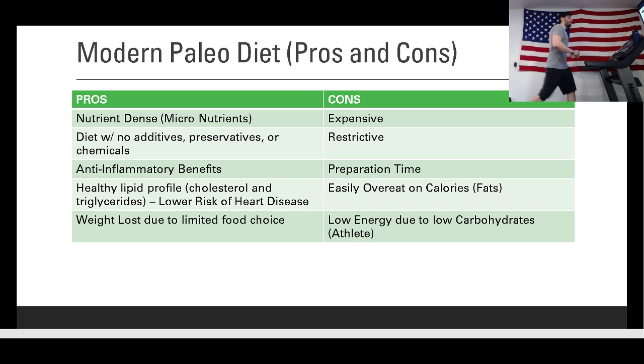Now, a con is that, as we most know, eating really healthy, super organic, buying that wild-caught fish, buying that grass-fed beef, it's expensive. It's super expensive.